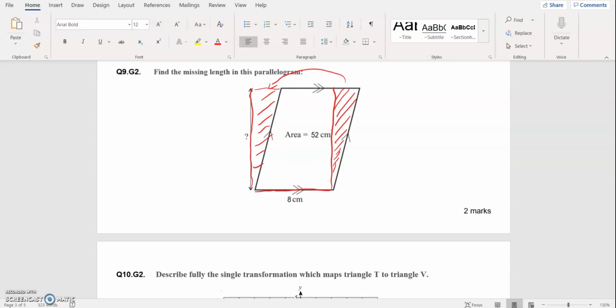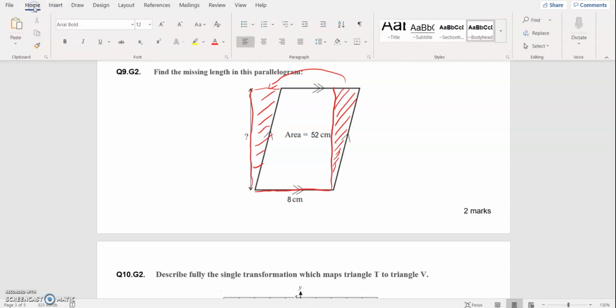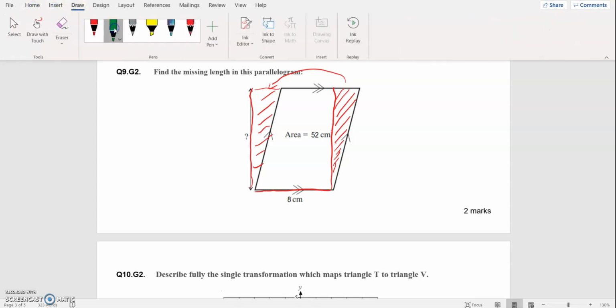Now we know that the area is equal to 52 centimeters. So we'll show the area in a different color.